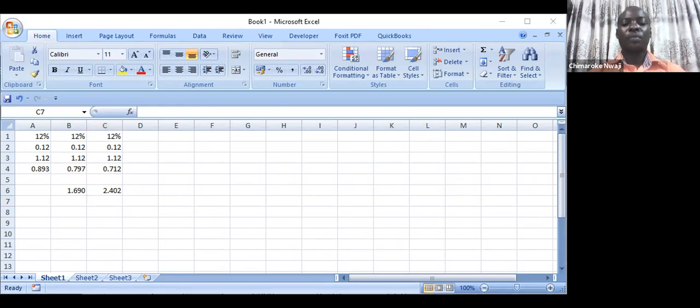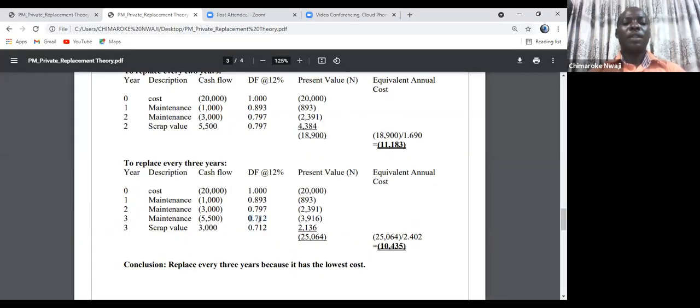So you see in year 3, we have our discount factor at 0.712. And when we got our net present value as 25,064, which is what we used there, we divided it by 2.402, which we got as the sum of year 1, year 2, and year 3 discount factors.